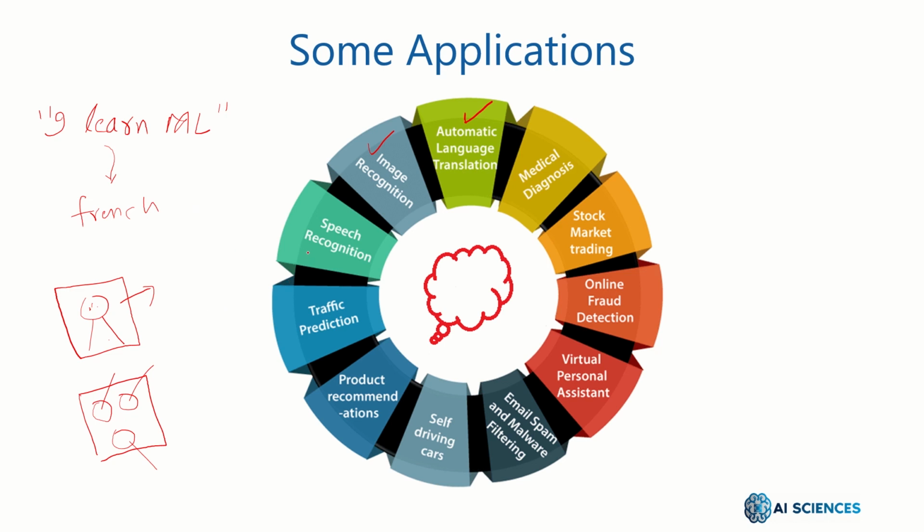Speech recognition. I want to build, for example, a virtual assistant. I want my assistant to recognize my voice and act according to what I'm saying. For example, I ask my computer to open my email inbox and read the first email, or maybe the email from ABC company.